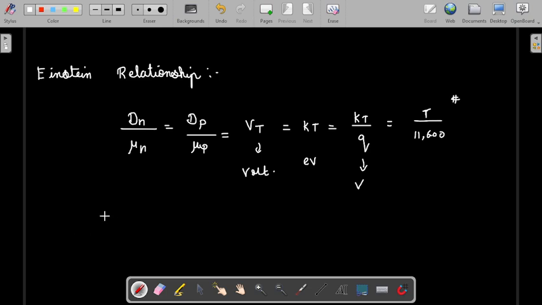Vt is the thermal voltage, or voltage equivalent of temperature. K is Boltzmann's constant.